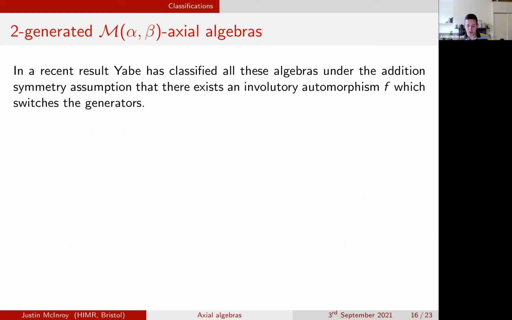Okay, so that was Felix Rehren generalizing some of these families that we saw. But in a recent result by Yabe, he's classified all of the 2-generated algebras which occur. But he had to do it under an additional assumption, which is a symmetry assumption, saying that there is some automorphism of the algebra which switches the 2 generators.